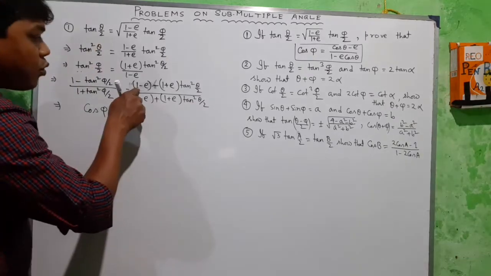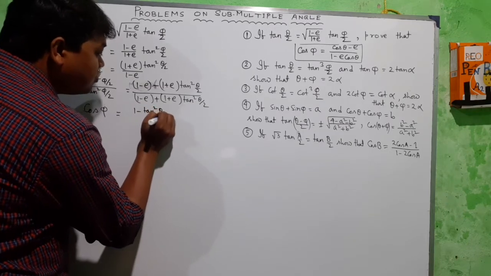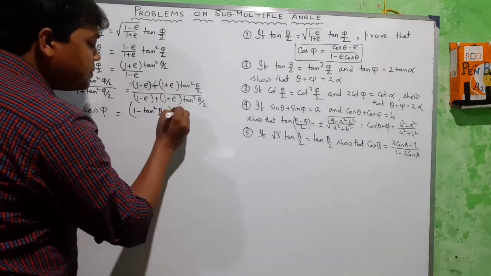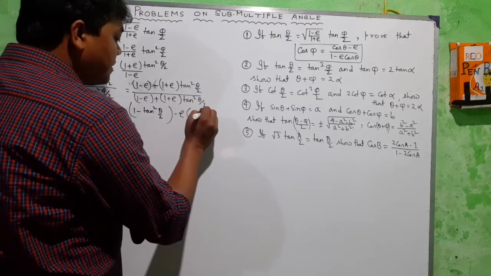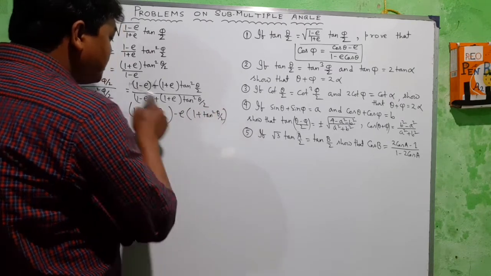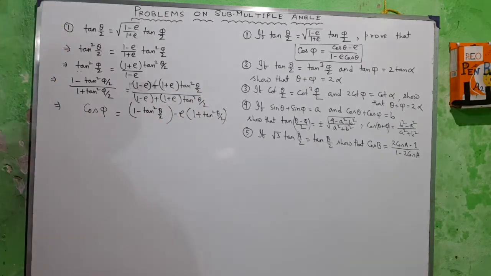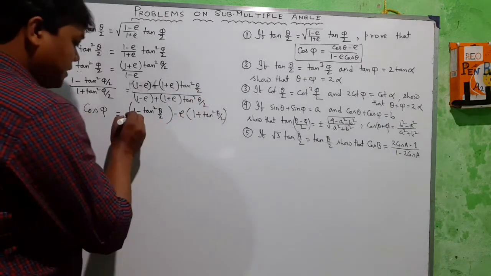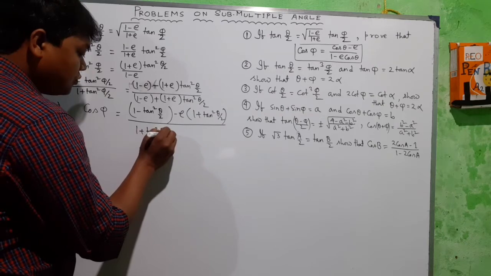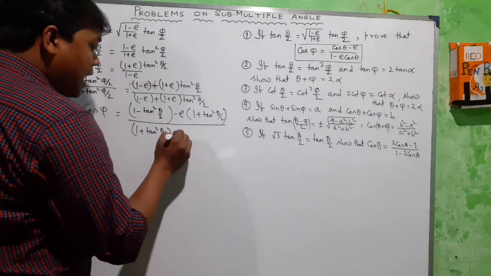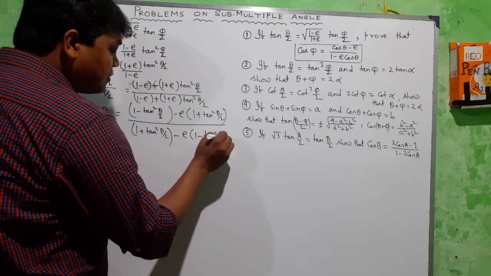If we simplify, in the numerator we get 1 minus tan square theta by 2, and minus e and minus e tan square theta by 2, so taking minus e as the common part we get 1 plus tan square theta by 2. Similarly the denominator gives 1 plus tan square theta by 2 plus minus e into 1 minus tan square theta by 2.